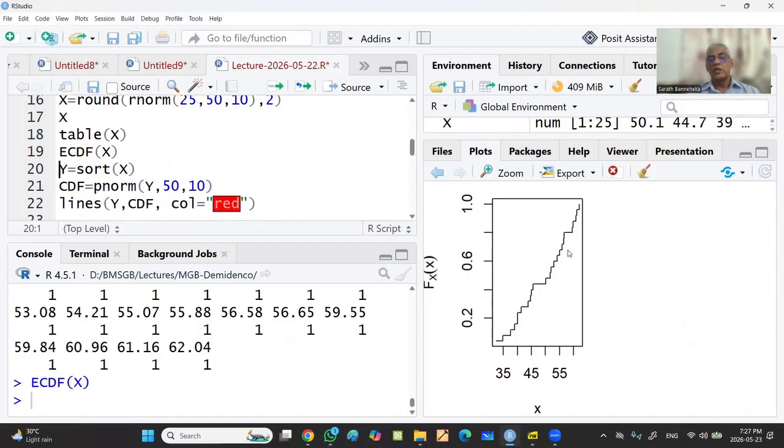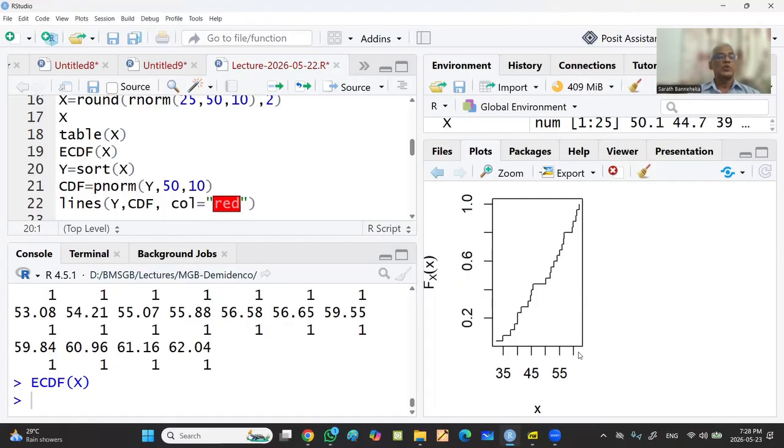You can see that it is a step function, right? On this axis, there is always a step at an order statistic. Now I'm going to draw the theoretical cumulative distribution function at the same x values on top of this, to see how different the estimated CDF, that is the empirical cumulative distribution function, is from the theoretical one.